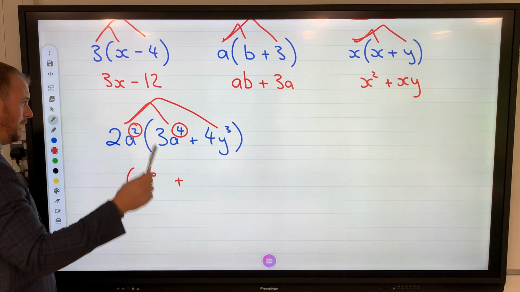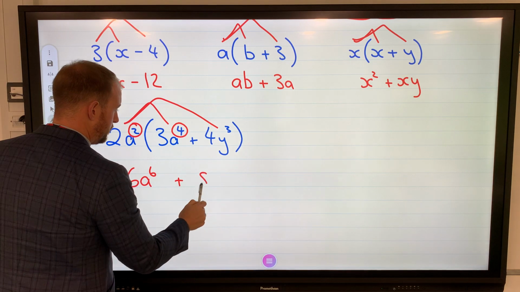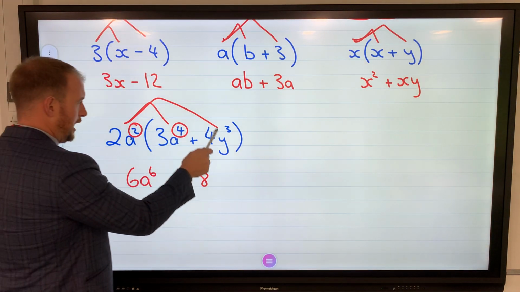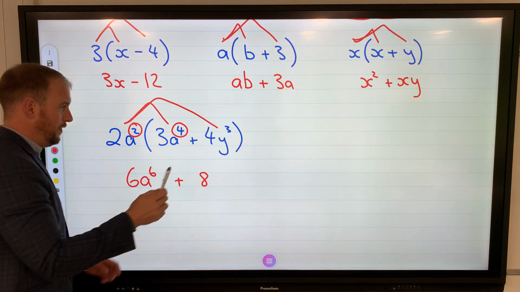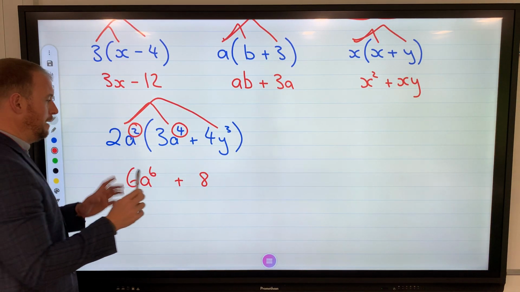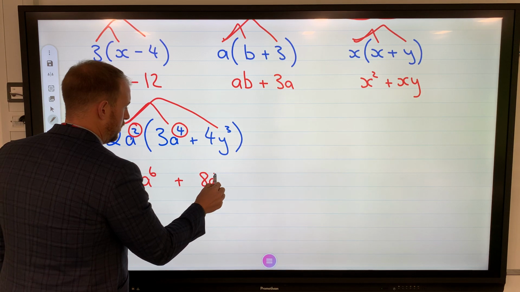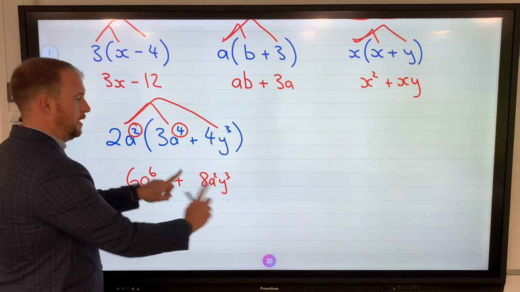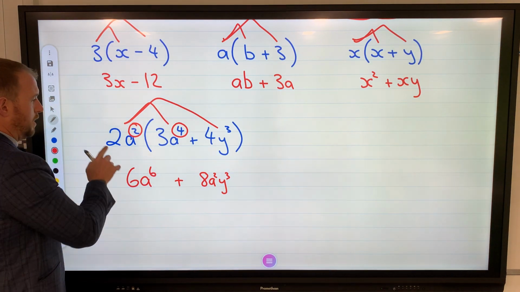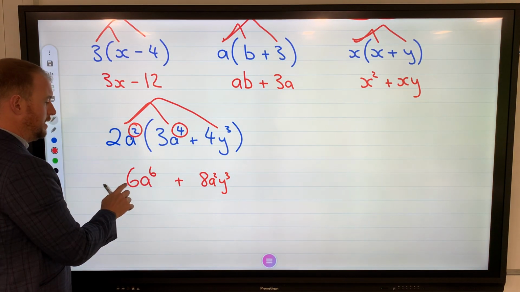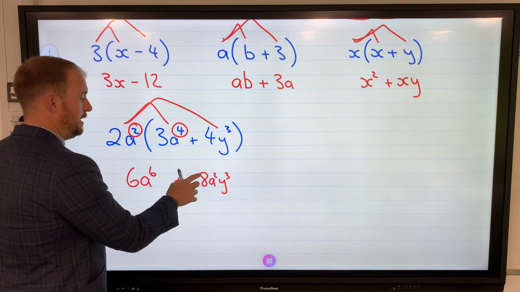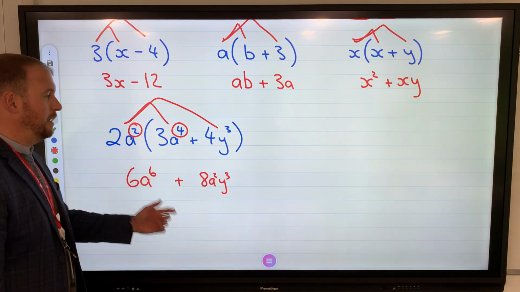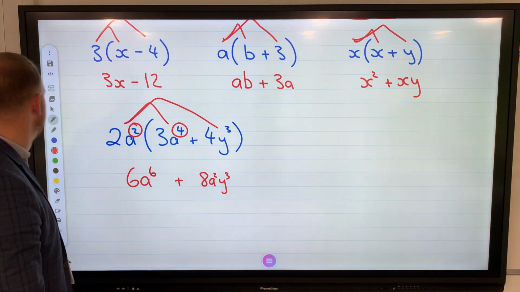Wow, that sounds difficult. However, 2 times 4 is 8. Now, a squared times y cubed, they can't combine. They're completely separate. Therefore, we just stick them next to each other, because we multiply, remember, they stick together. So, to expand the bracket, we have 6a to the power 6 plus 8a squared y cubed. So they are just combining two skills together.